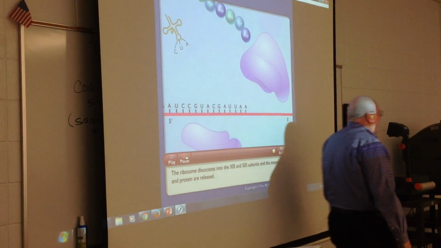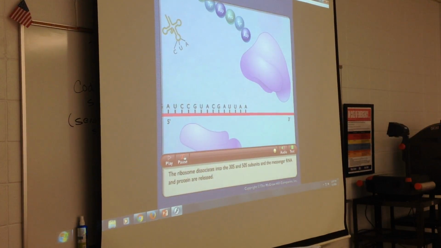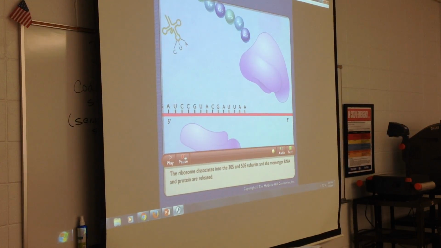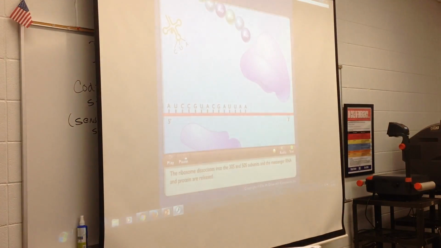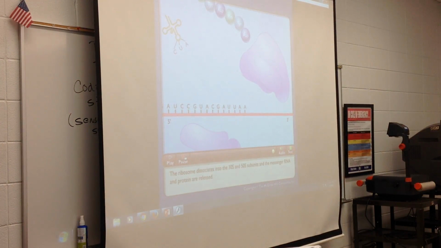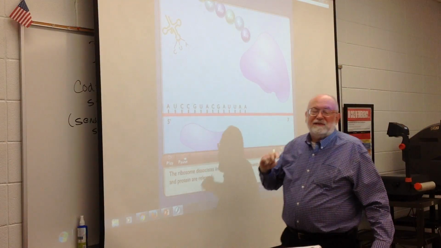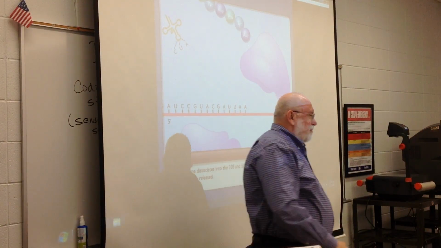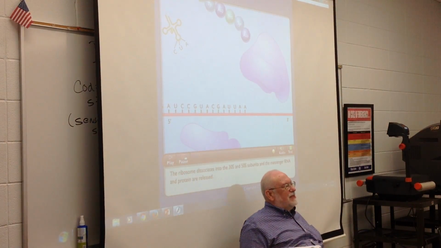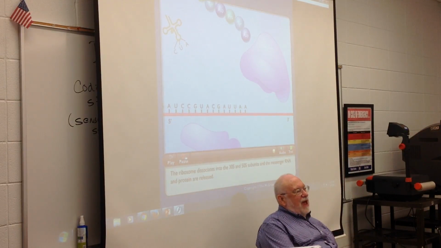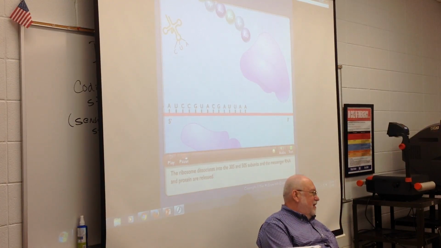All right, so now, where did the process begin? When a start codon was lined up with the P site of the ribosome and the transfer RNA carrying a methionine came in and entered that area, right?